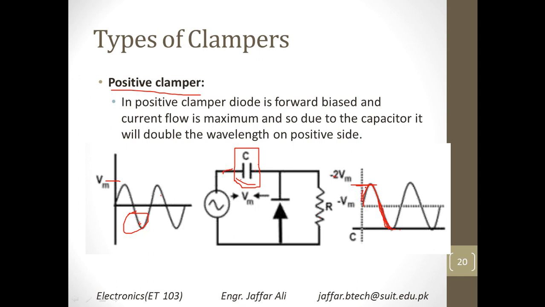So the magnitude becomes higher, and in the negative portion of the wave, the capacitor becomes discharged, and no signal is received on the other side of the circuit. So in the negative there will be no negative, but there will be higher positives. You see that the amplitude has been increased.